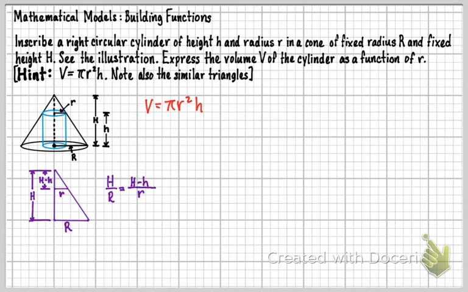Now again, keep in mind, it's said in the problem itself that big R is fixed, and it also says that big H is fixed. And that simply means they're treated as constants. Even though they're variables, they don't change anymore.